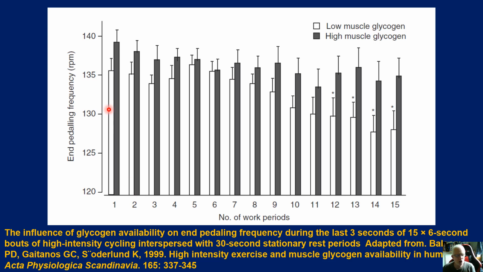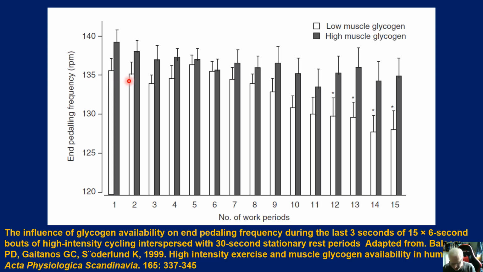Using Gaetanis' old work, they estimated back in the 90s that you get around 50% restoration of PCR within 60 seconds. So in 30 seconds, roughly, you probably only get 25% restoration. In 6 seconds you won't have got full depletion. Let's say you use 50%, you've only restored 25% of that 50% after the first sprint.